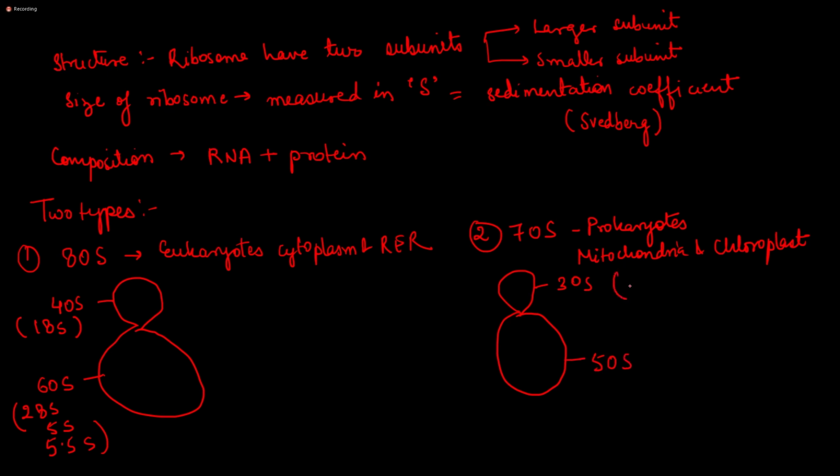The 30S comprises 16S, and the 50S, if you break it down, comprises a 23S subunit and a 5S subunit. So these are the types of ribosomes based on their size, and the subunits can be broken into further subunits.